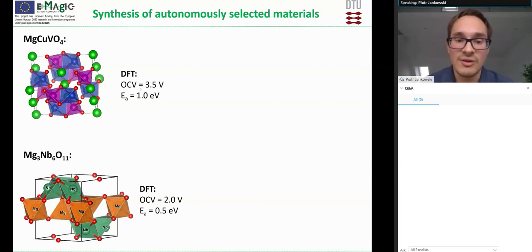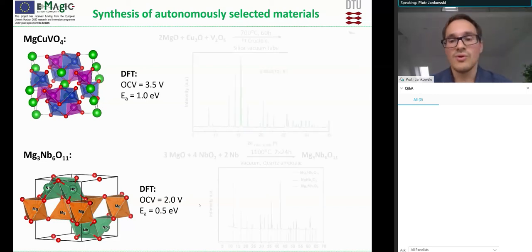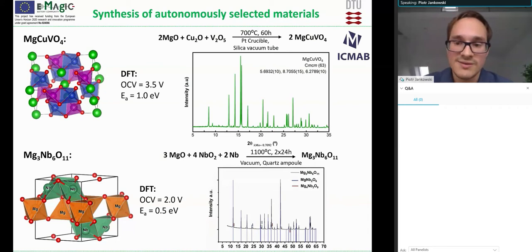Maybe the energetic barrier is still a bit high, but for the other one, we have a bit lower potential but a very, very low energetic barrier. And indeed, these materials were given as input to our experimental partner in Barcelona, the group of Professor Rosa Palazzini, where these materials were already synthesized, and they are undergoing the experimental tests now.